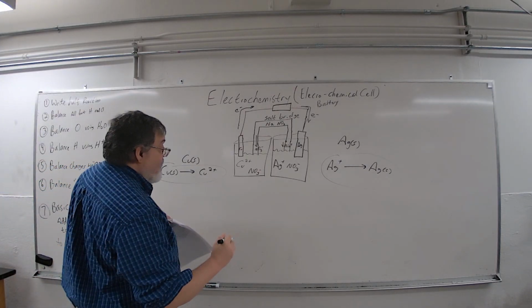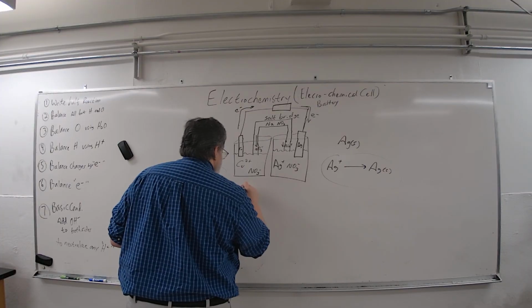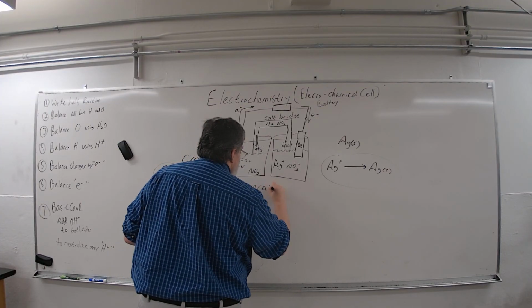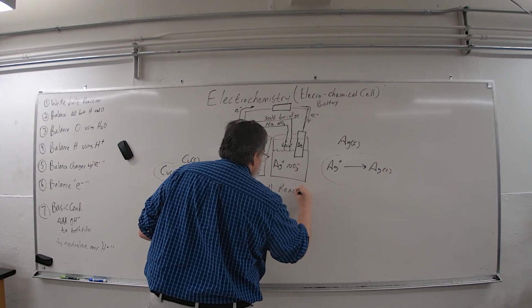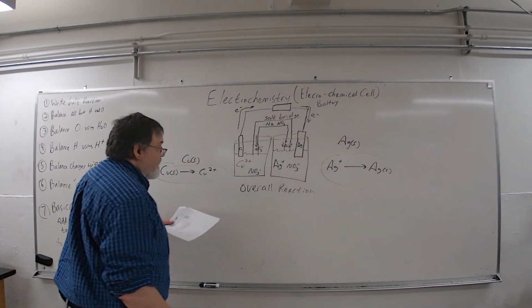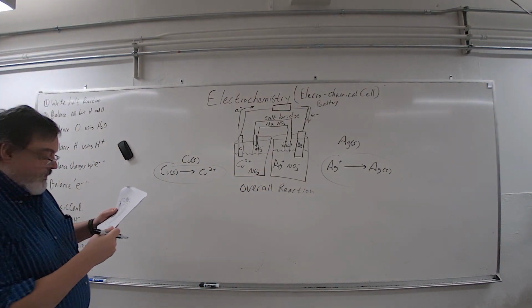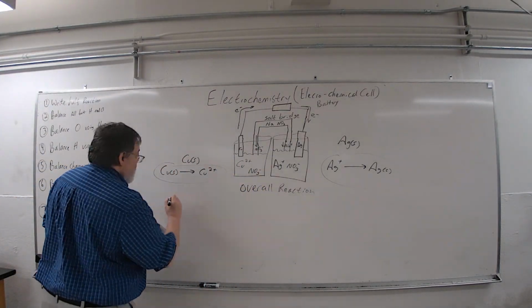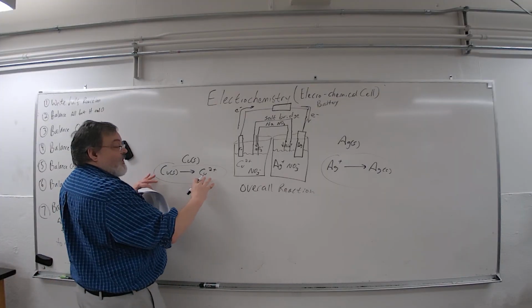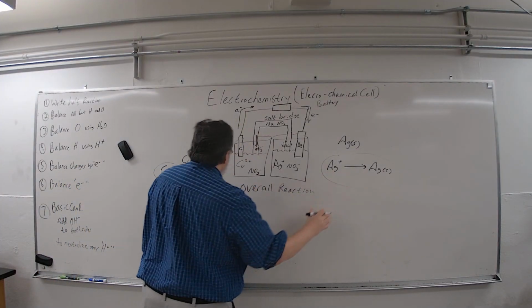But what to pay attention to here is we have what we call the overall reaction, and that's just what I've been showing you before. This is a half reaction, and this is a half reaction.